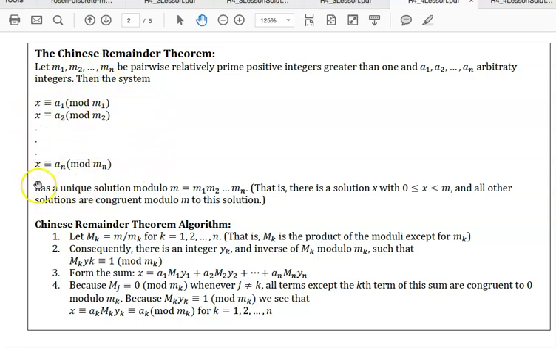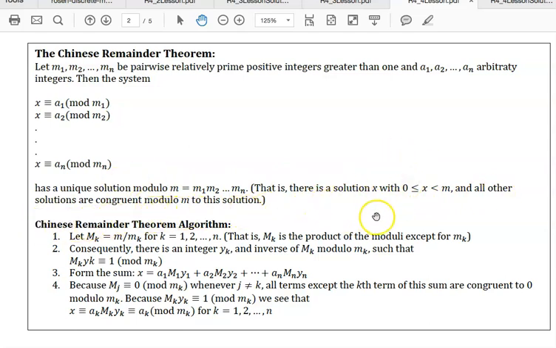This theorem says that this kind of system has a unique solution modulo M, which is the product of all the separate mods. So that means there's a solution x where x is positive, between 0 and less than that big modulo, and all other solutions are congruent modulo M to this solution.